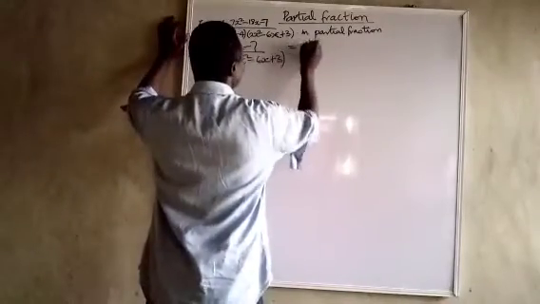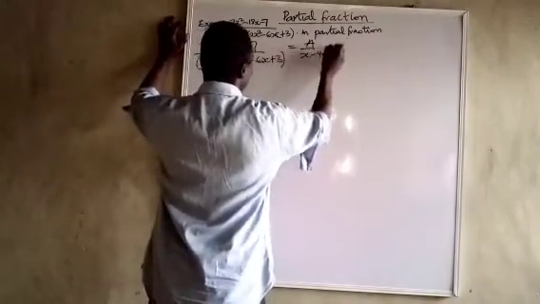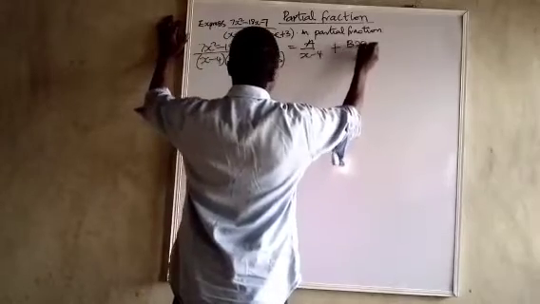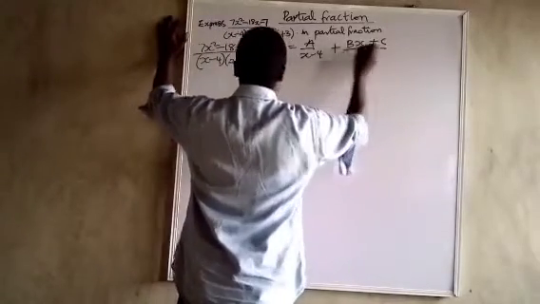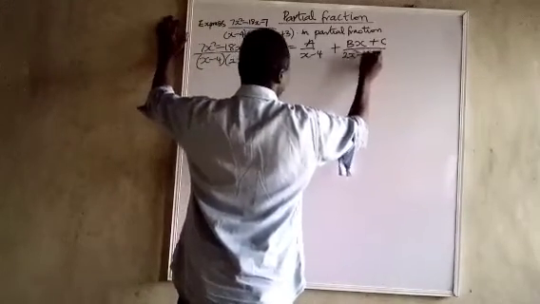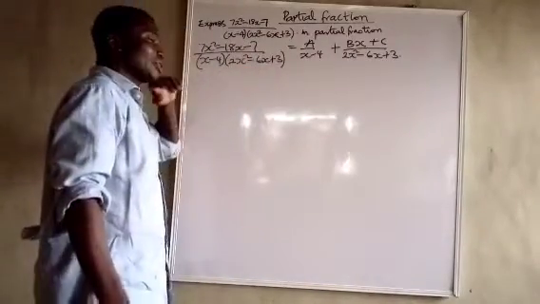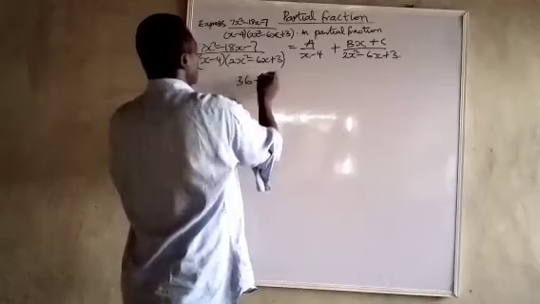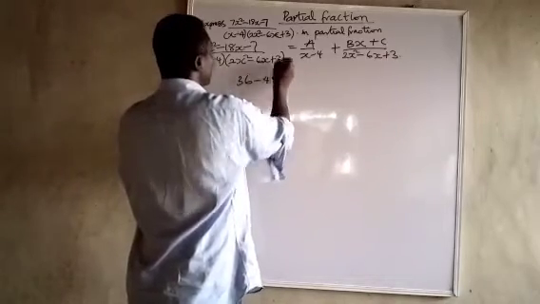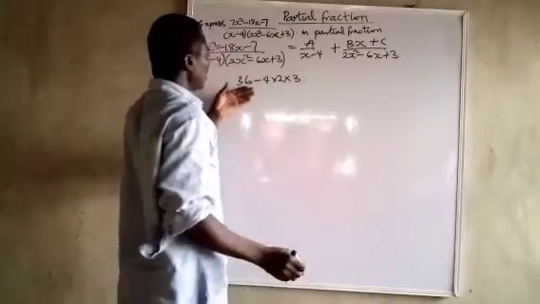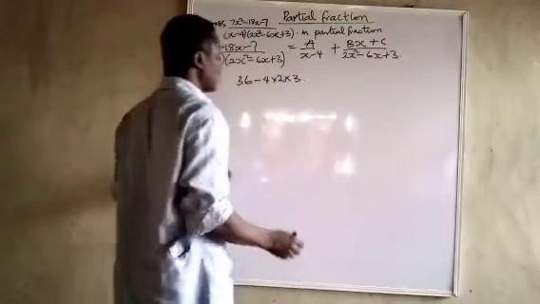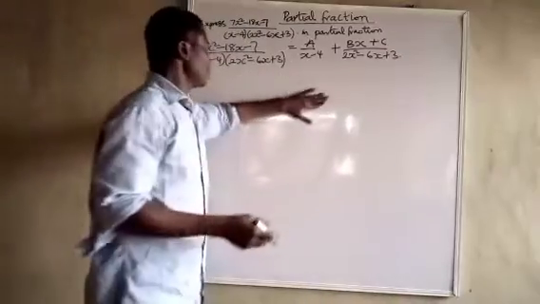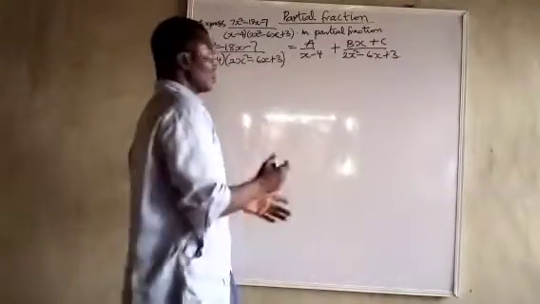So we have a over x minus 4 plus (bx plus c) divided by (2x squared minus 6x plus 3). So we can check, what is our b squared minus 4ac? Minus 6 squared, that's 36, minus 4 times 2 times 3. So what does that give us? 36 minus 24, that's 12. So that's not giving us a perfect square, so we cannot break that one easily.